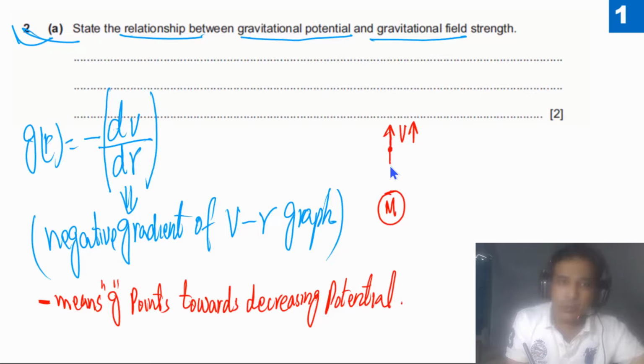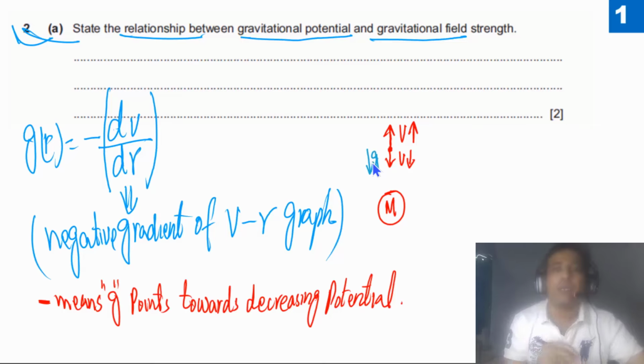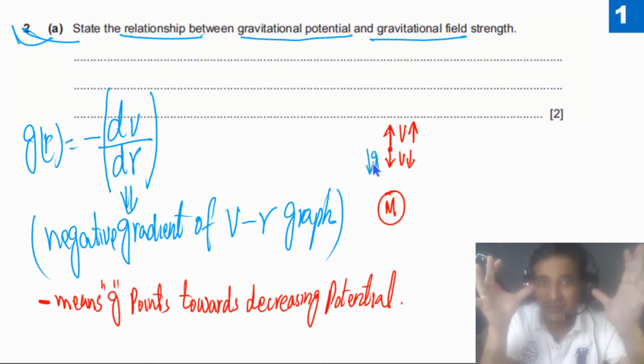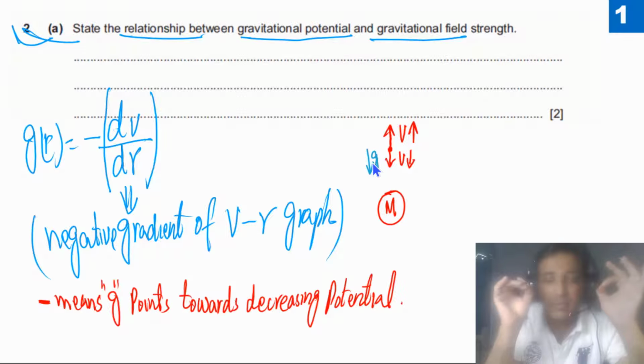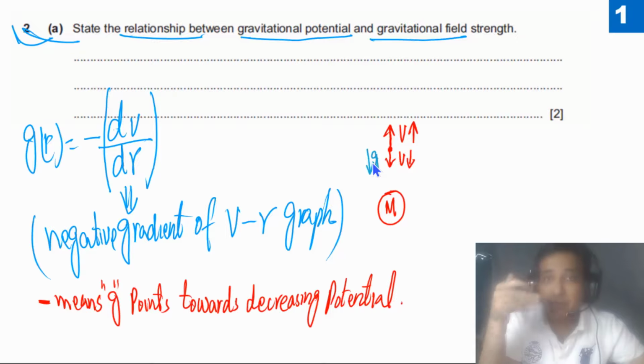But if we go down, potential will decrease. So the direction of g is in the direction of decreasing potential. A beautiful point. Later you will see the importance of this with the help of graphs.